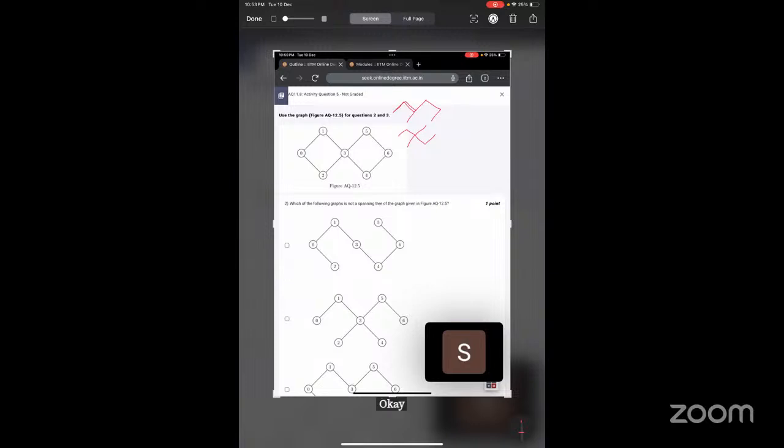Okay, maybe we can use some combinatorics to do that. I mean, for 0, we have 2 options. But we can see one thing, that this graph is symmetric with respect to this line. So if I follow this way here, this will be twice of the half.